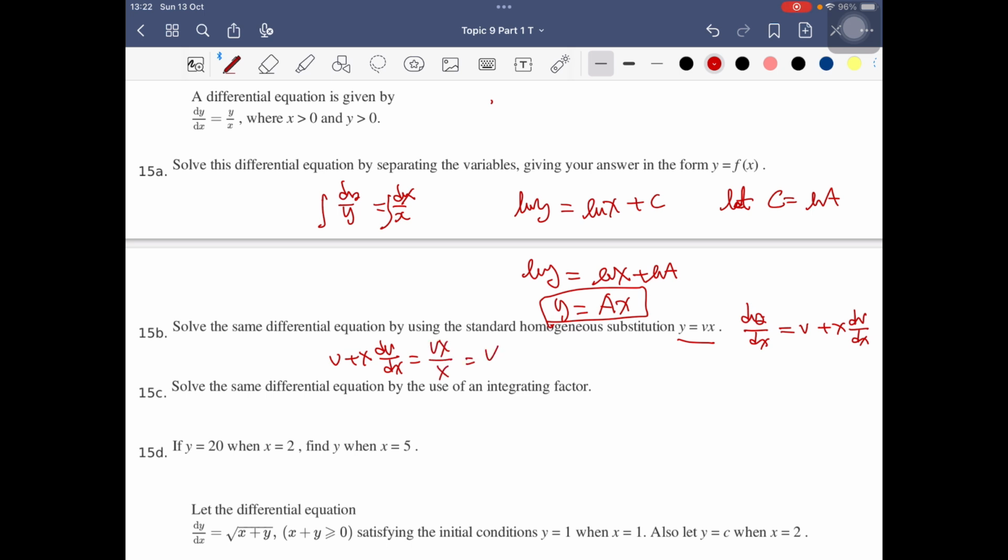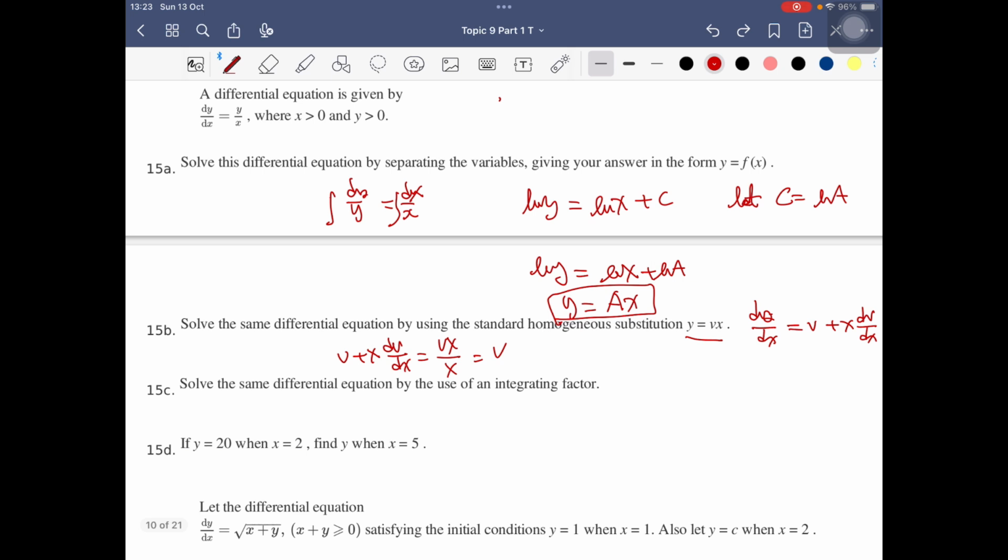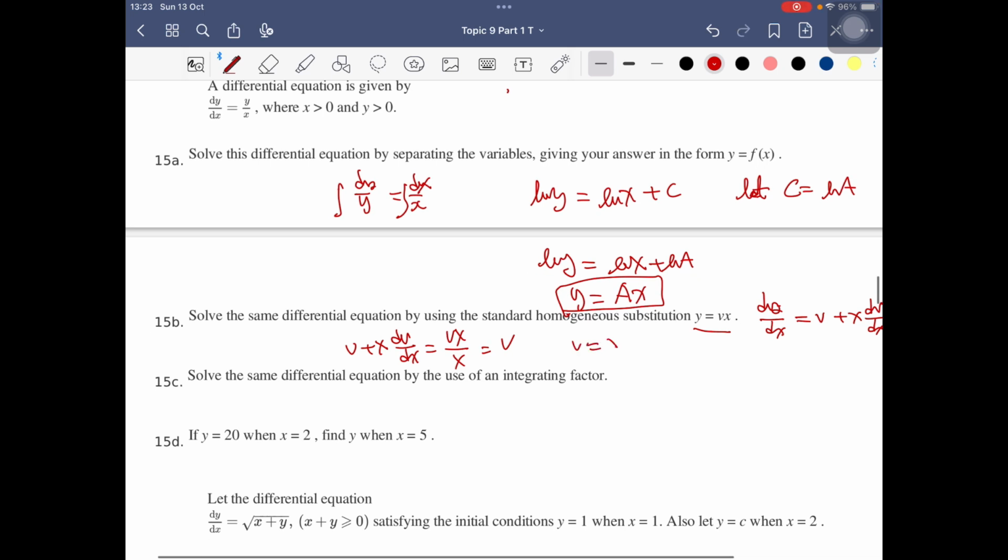Don't forget, when we make this differential equation homogeneous, we try to rewrite without y. So now here we don't have any y, which is correct. So v plus x dv over dx equals v. So x dv over dx equals 0.